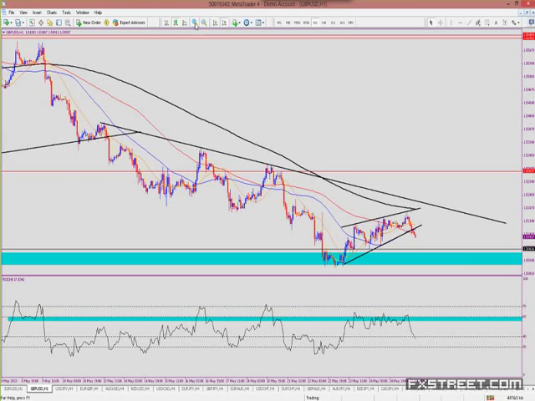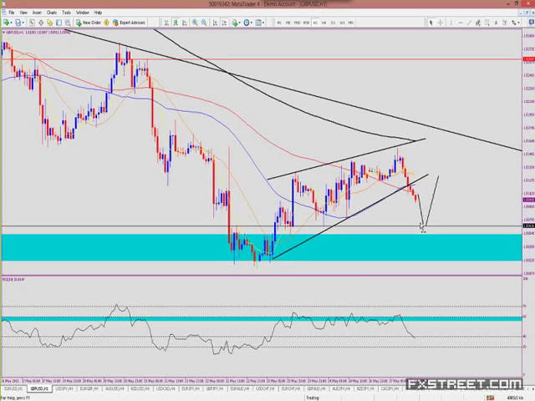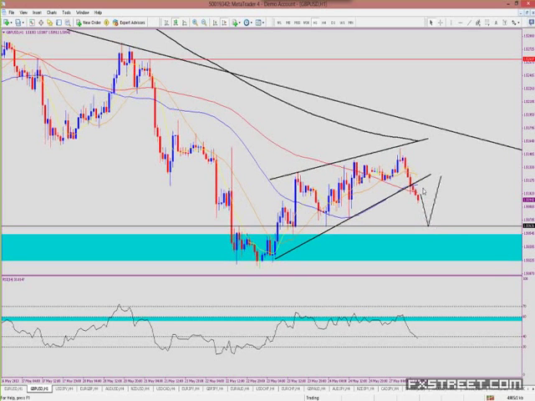Let me magnify this a little bit. You see here resistance. We cracked it here a little bit, but it's still after the support, and here we have support. So around 1.5060 to 1.5065 would be our intraday support area to monitor, because there doesn't seem to be enough fuel yet to push lower.